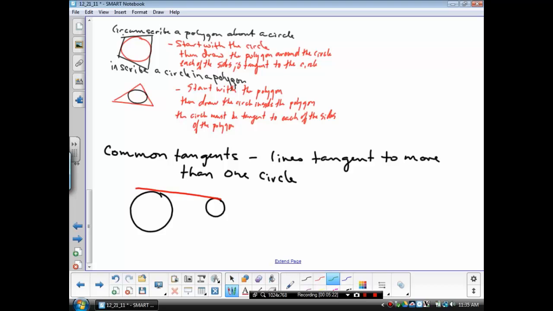But if you look at the centers of the circles and a line that connects them, that tangent does not cross that line. So it's called externally tangent to the two circles. Is there another external tangent? So the other external tangent on the bottom would look like that. These are both external tangents.